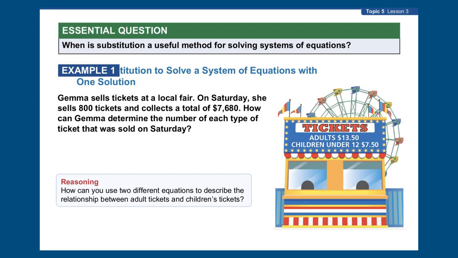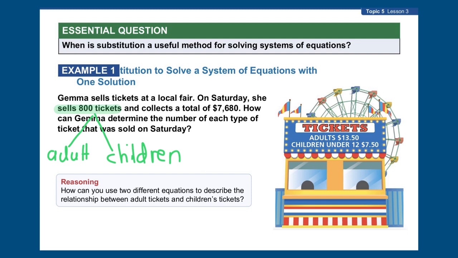So for this one, they're going to actually have us build the equations. So I know that she sold 800 tickets, and some are going to be adult tickets, and some of them are going to be children's tickets.